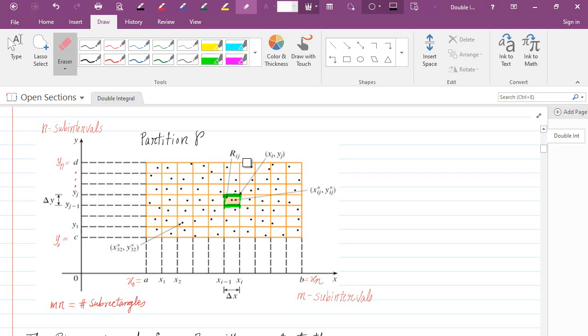So this is my ijth subrectangle, where i is between 1 and m, and j is between 1 and n.